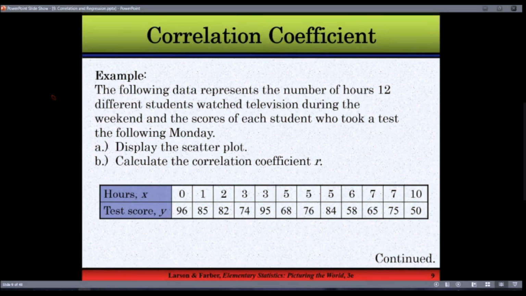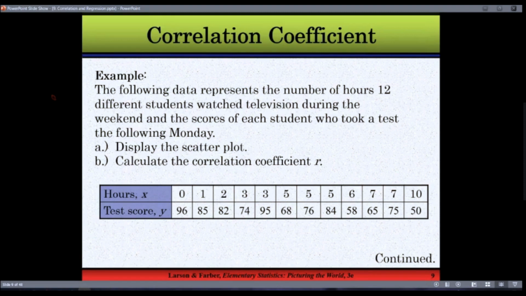So this is the data. We wanted to determine the correlation or the relationship between the number of hours spent during the weekends and the score of the student during a test the following Monday.